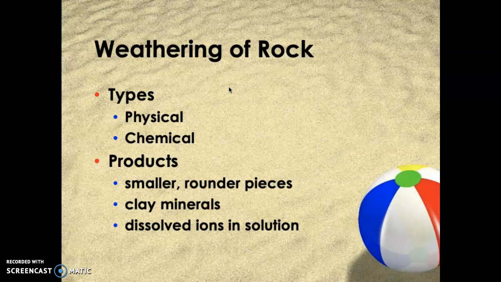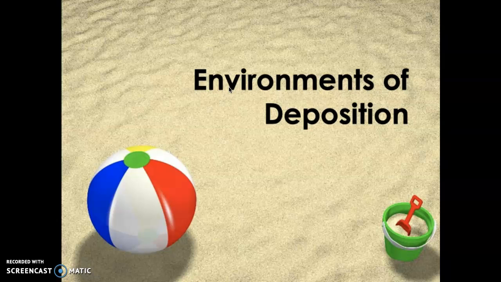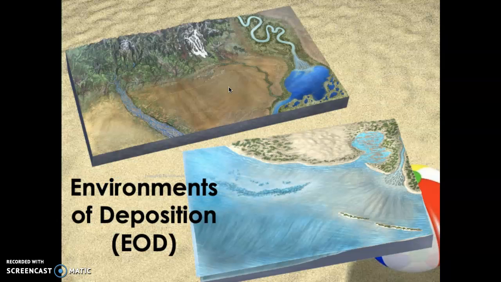The smaller pieces and the clay minerals form our clastic sedimentary rocks, and the dissolved ions in solution and other things in the environment can result in our non-clastic or chemical and biochemical sedimentary rocks, as we will see.